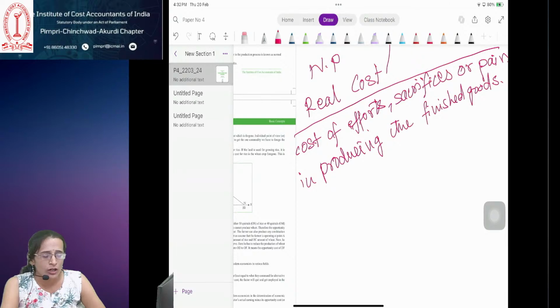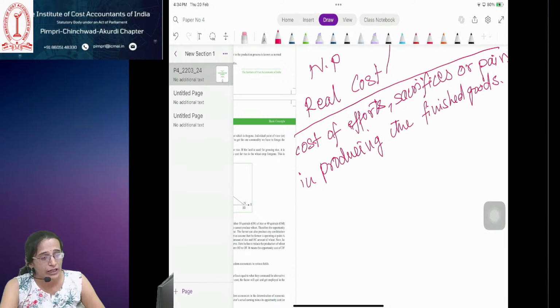If it is not able to be measured, is it that useful in economic terms? Anything which can be measured, we can quantify it, analyze it. But real cost is not measured. Is it quantifiable, or can we analyze it? Like efforts were more or less, or sacrifices were more or less. We are not able to measure it, so can we quantify that?